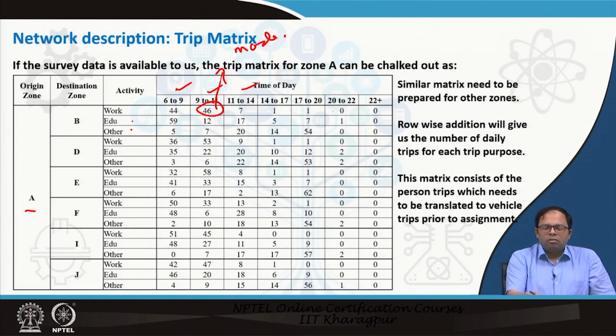As you can understand, all walk trips for the entire day. This matrix consists of person trips which need to be translated to vehicle trips prior to assignment. So, once we know the mode choice, we will convert those trips to the particular mode, and that will help us decide the total number of vehicles that would be loaded onto the particular route segment.